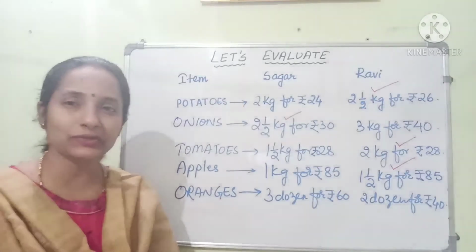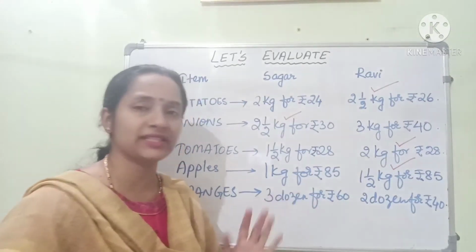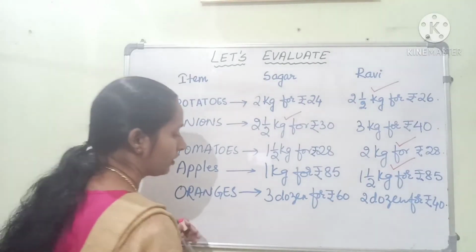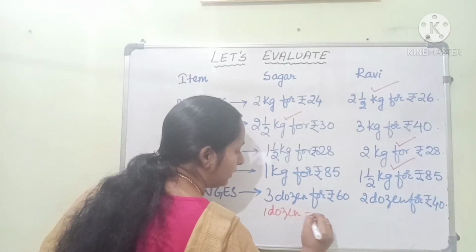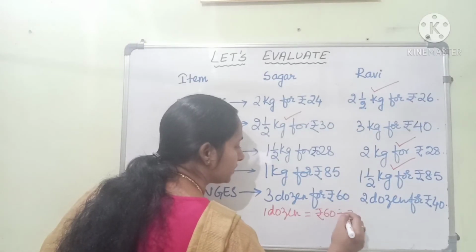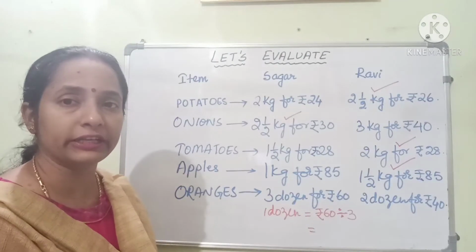Now here you see, in this question they have given 3 dozen for rupees 60. So 1 dozen is for how much? 1 dozen cost will be rupees 60 divided by 3, isn't it? Now tell me 60 divided by 3, how much you will get?